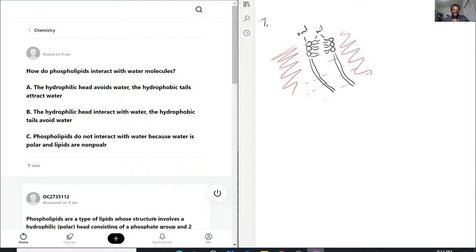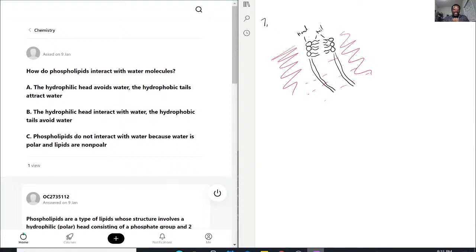And now for C, it says phospholipids do not interact with water because water is polar and lipids are non-polar. So funny enough, C is also very wrong, because in phospholipids, the phosphorus part serves as the polar head, and the lipid that extends out of it is the non-polar tail. So to say that lipids are non-polar technically isn't incorrect, but a phospholipid is a combination of a polar and a non-polar side.